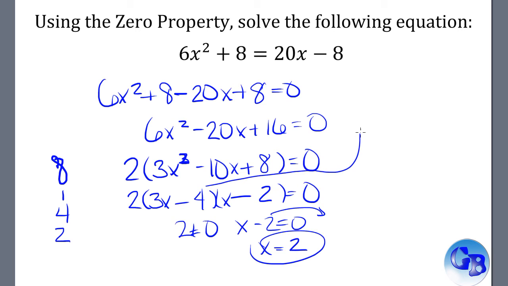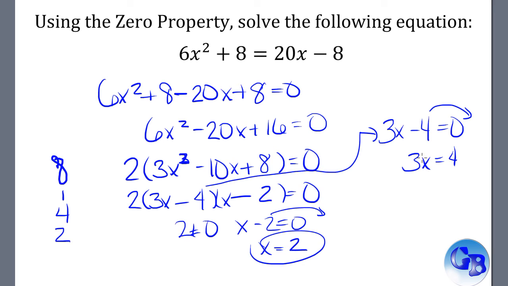Now we have this one here. It's a bit tricky, but it's easy to solve. We have 3x minus 4 equals 0. All we need to do is isolate that x, and we have our solution. It's not as complicated as it sounds. So let's move the 4 to the other side. We now have 3x equals 4.